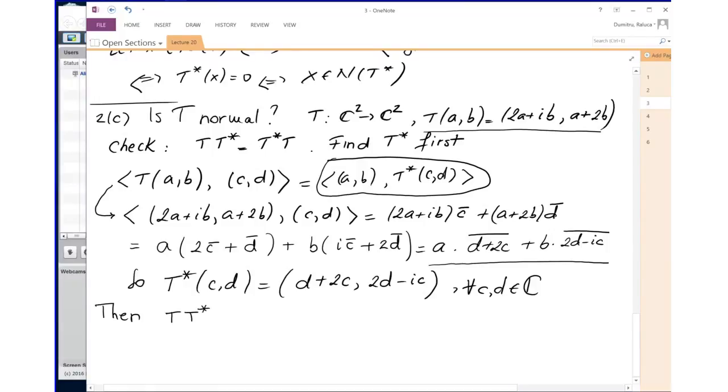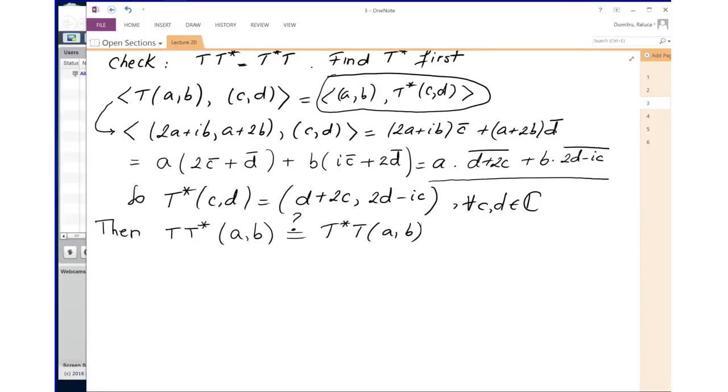So let's look at T T star compared to T star T of A, B. It should be equal or not for any A and B. All right, so let's take the left side.